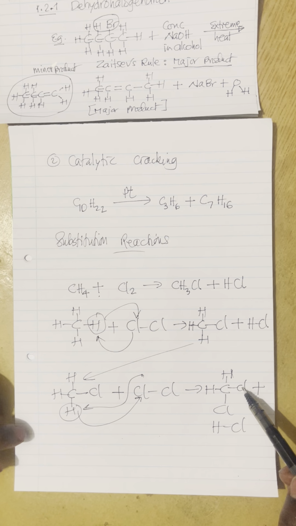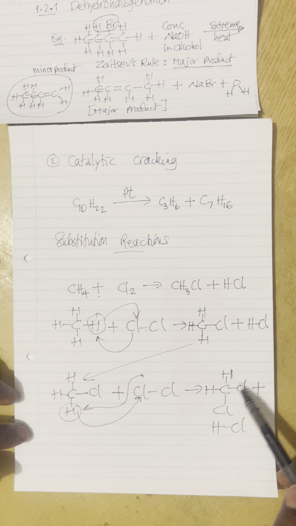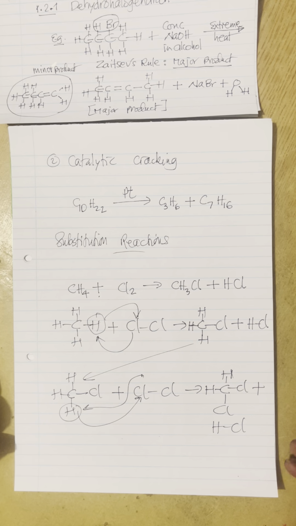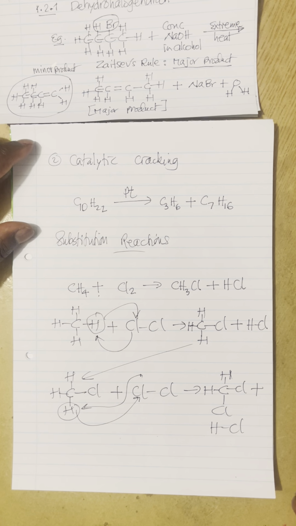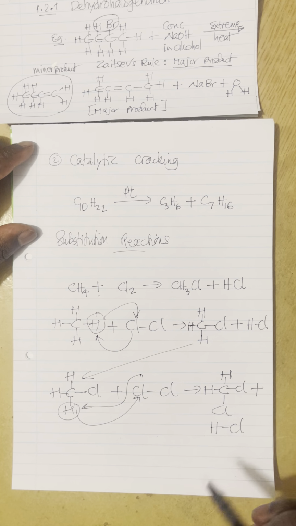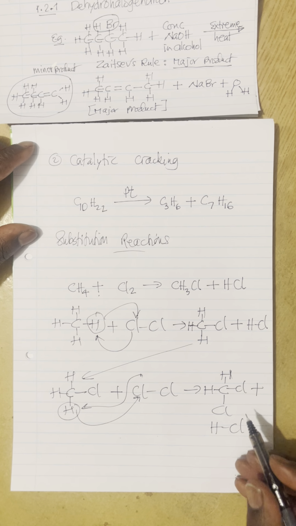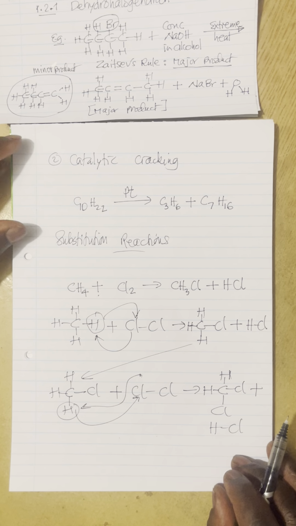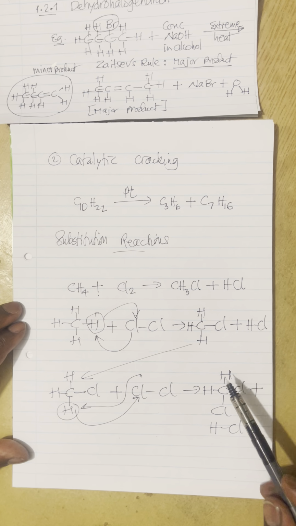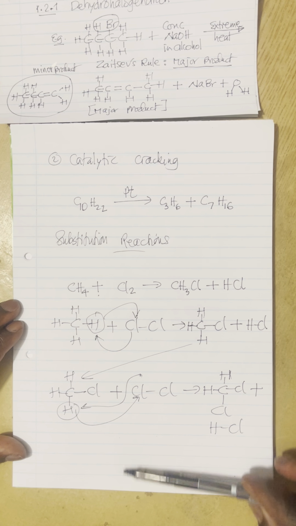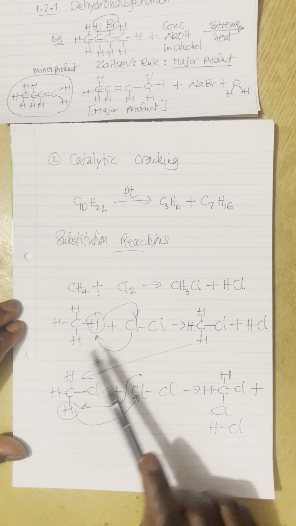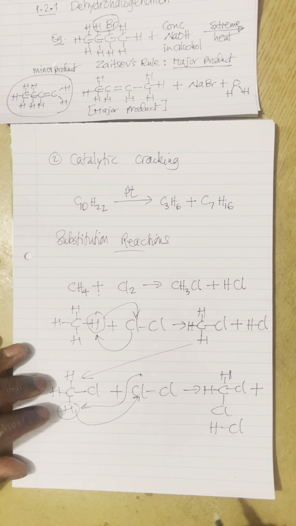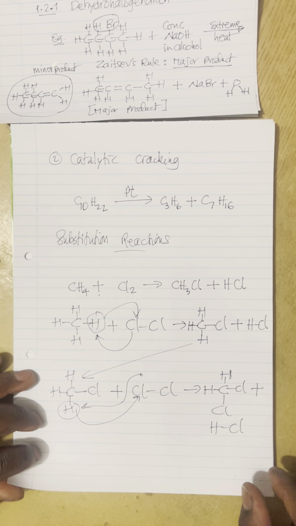So this is dichloromethane, and then you have trichloromethane, and then you have tetrachloromethane. Trichloromethane is the one that, if one is injured in hospital, or they want to remove your tooth, if you're having toothache, they would inject you with trichloromethane. It's used as an anesthetic in hospital. These would continue until all the hydrogens are removed and replaced with chlorine atoms, and then you form what is known as tetrachloromethane finally.